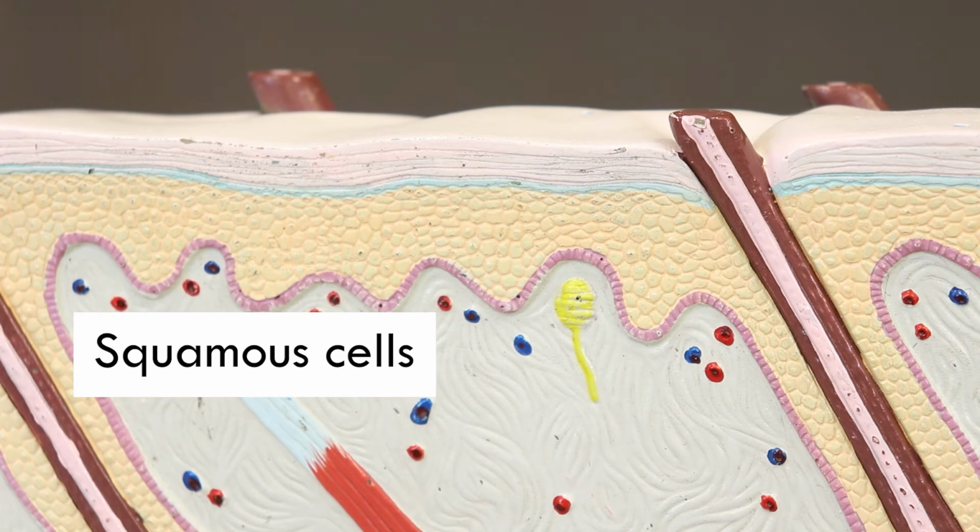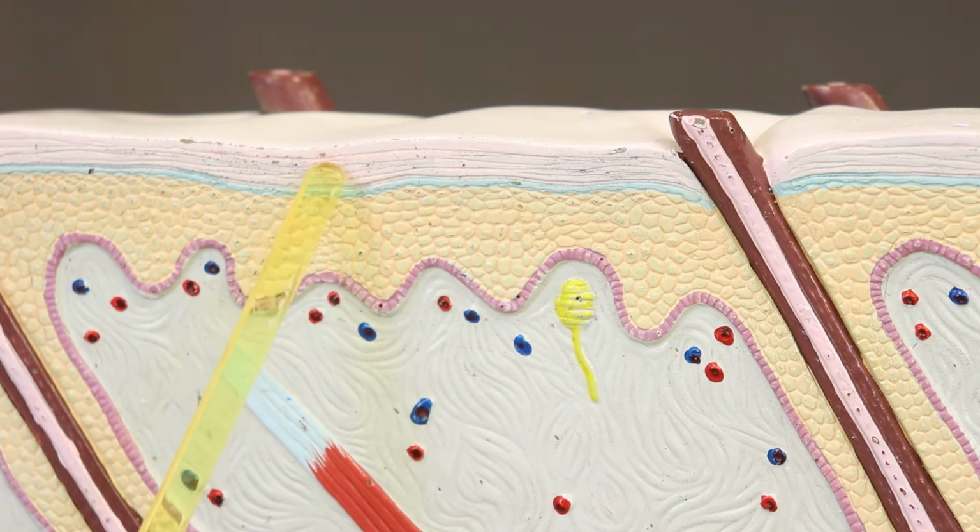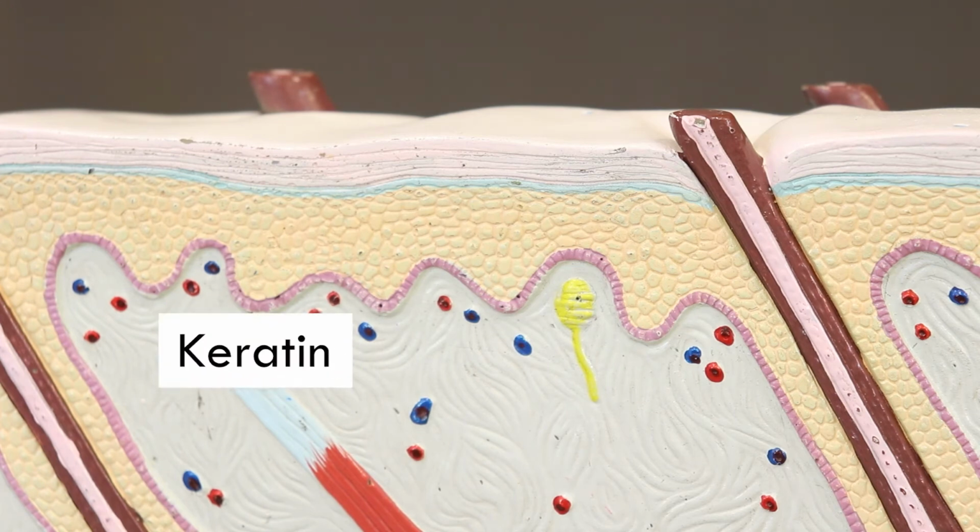They're very flat, and they're actually dead. So this light pink layer here is a dead layer of skin. They're filled with a substance called keratin, which helps strengthen the skin and helps it avoid desiccation, avoid drying out. So it's protecting the body from drying out.